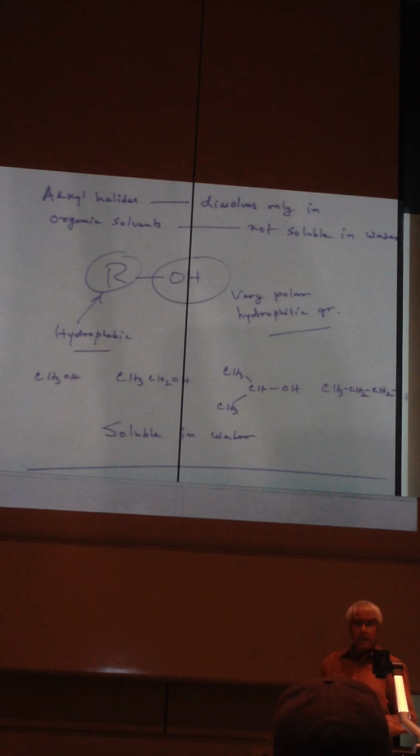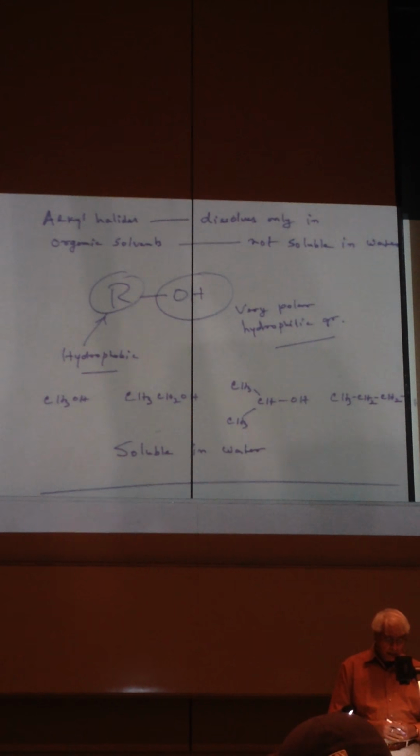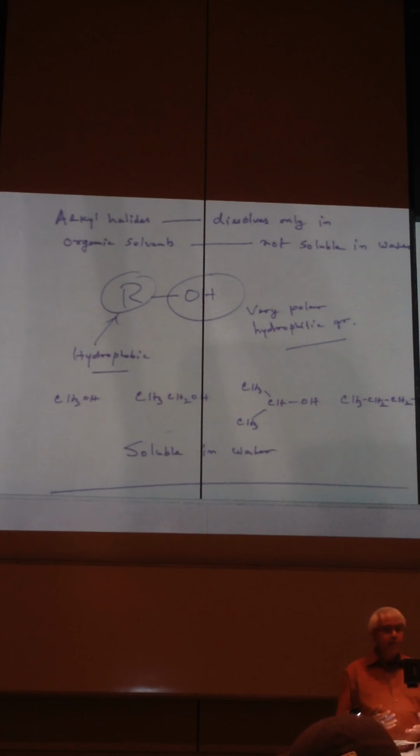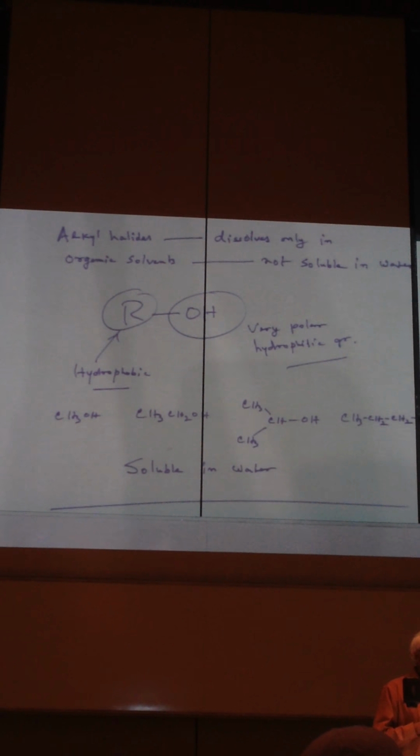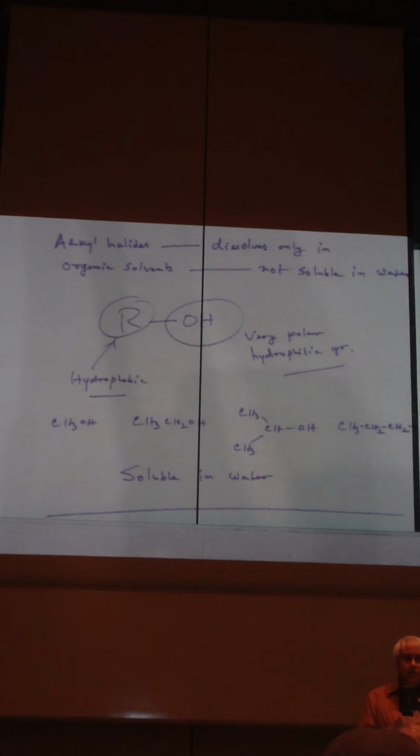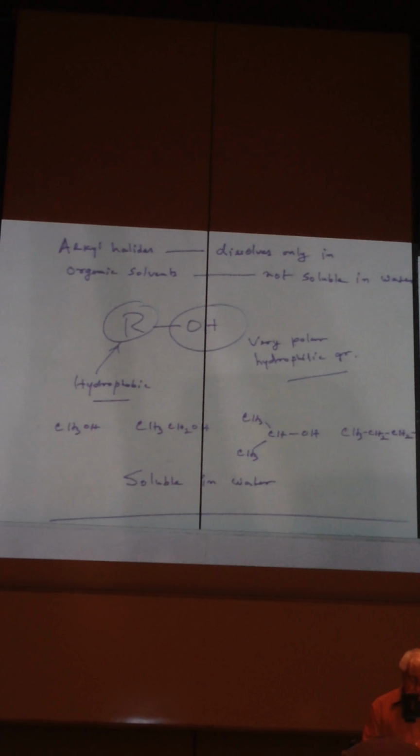Also, isopropanol is actually the rubbing alcohol. And propanol, they are all soluble in water. Anything larger than that, 4 carbons and higher, typically then the alkyl chain is long enough and hydrophobic enough that they don't become soluble in water.